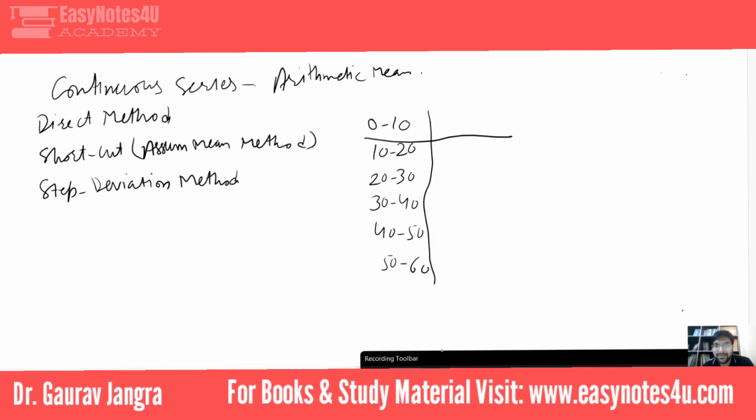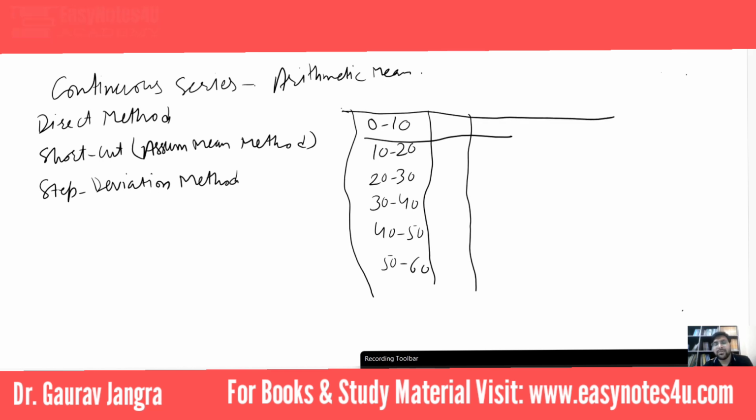In this we will calculate the mean, and the frequency is also given. We can also take any hypothetical frequency to solve it. For example, this is the age group of the students, and this is the number of students, which means the frequency.